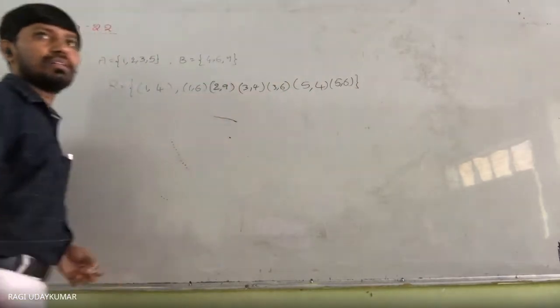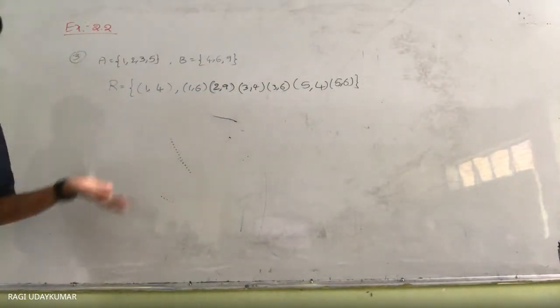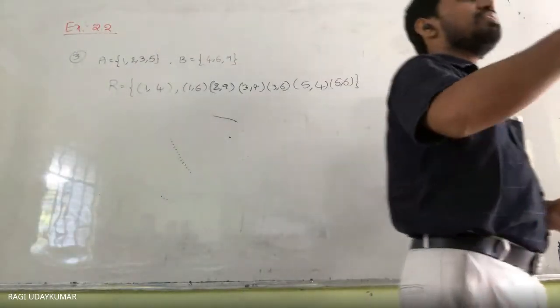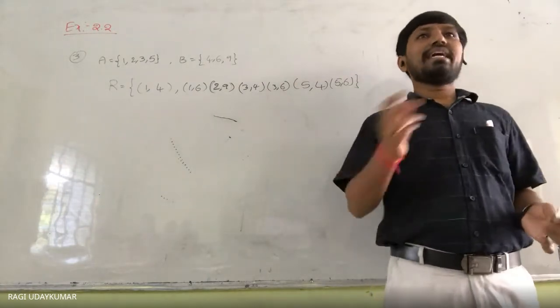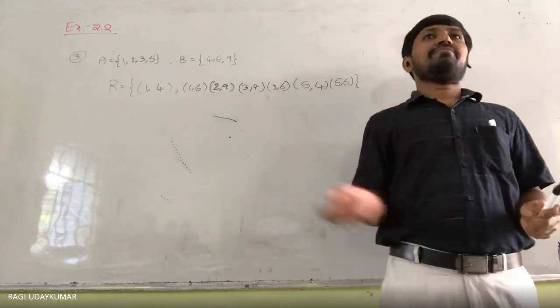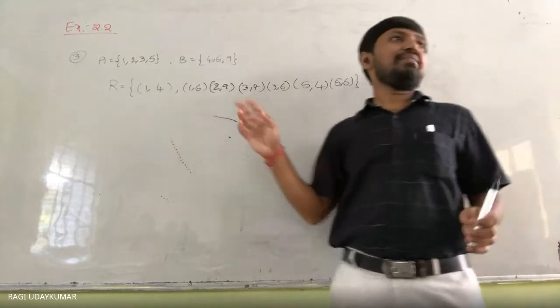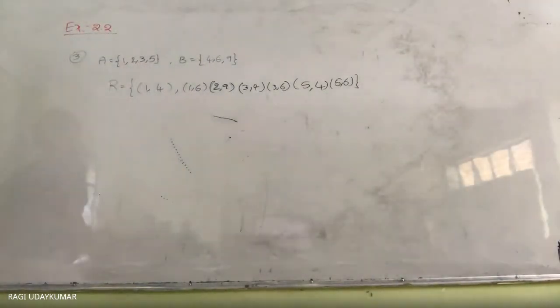This is the roster form, I just told you directly. In your answer you can write a clear explanation: as the difference between an odd and an even number is an odd number, if the first is odd the second must be even, and if the first is even the second must be odd. Or you can directly write that statement.